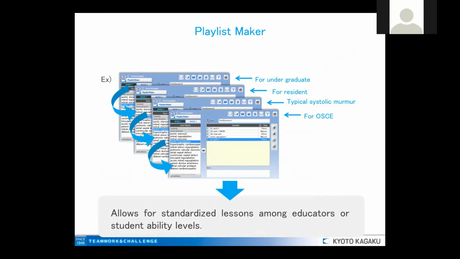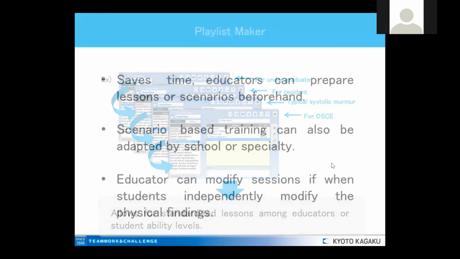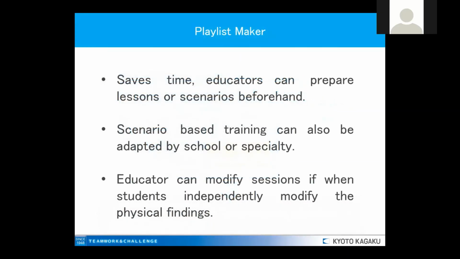It's good not only for the students, but also for the instructors. With this, we can save time in the practices, and make scenario-based training very specific for each level of specialty. And also, the teachers can modify their sessions when it's necessary.